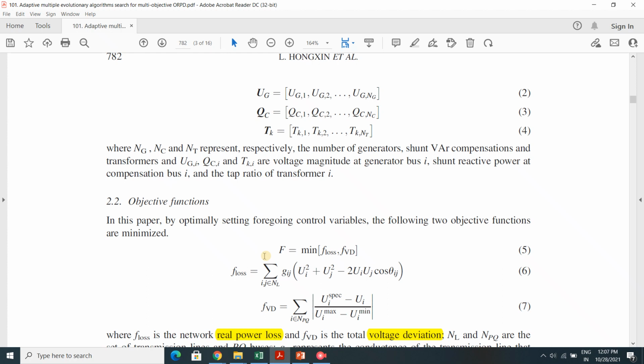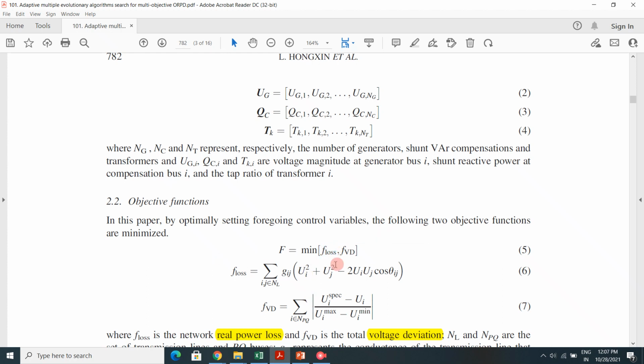Number two is bus bar voltage, it is also a variable, because if reactive power is injected, the voltage will change. So you have to control that. And the tap changing transformer is also there, because transformers consume reactive power, so at which tap setting it should be optimally located.